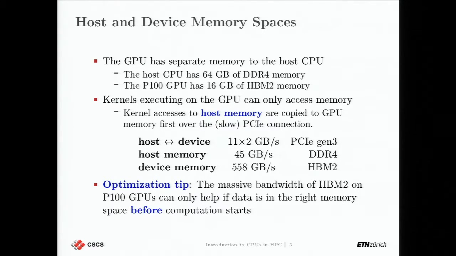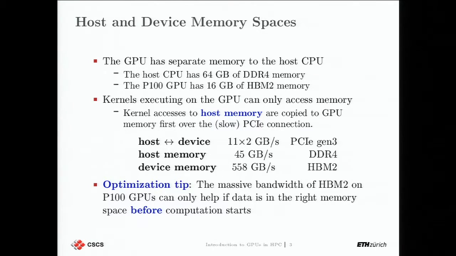For the host memory, our 64 gigabytes of DDR4, you can copy information around at a speed of about 45 gigabytes a second. The GPU memory is 558 gigabytes a second, which is enormous. This is one of the big upgrades over the previous GPU, because with the K20 GPUs, when you actually measured the performance, you got about 185 gigabytes a second.